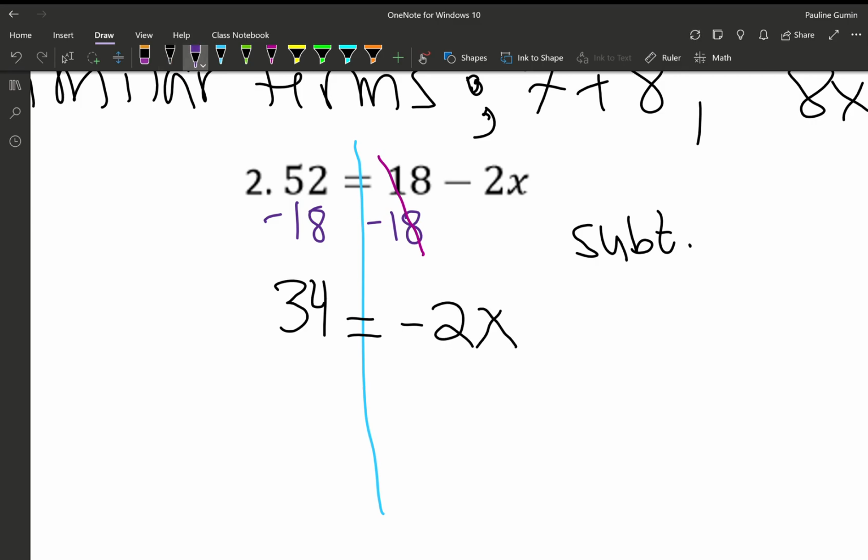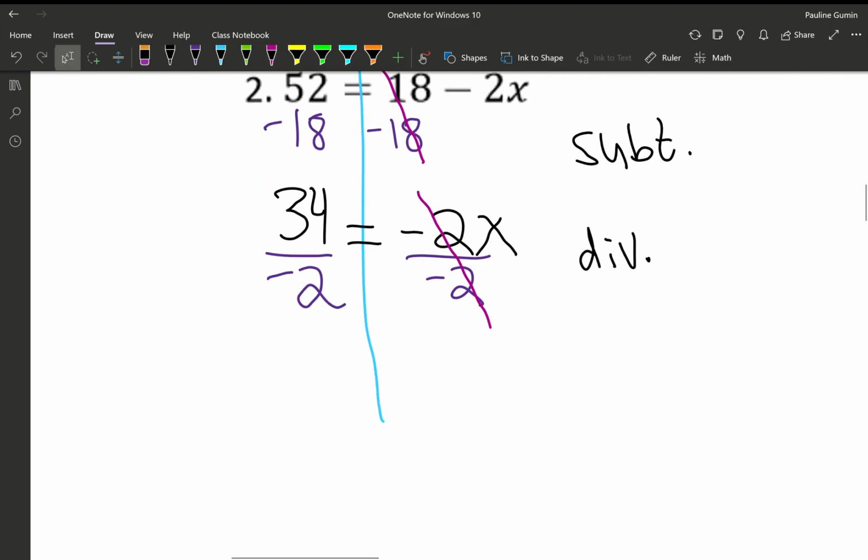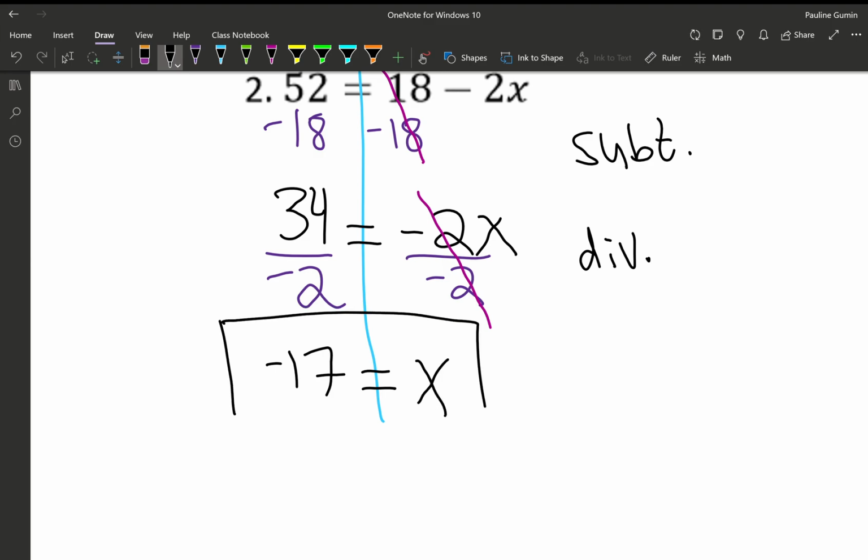I finish this problem up by dividing both sides by negative 2, because negative 2x is actually negative 2 times x. 34 divided by negative 2 is negative 17. And negative 2 divided by negative 2 is 1, so we just write x.